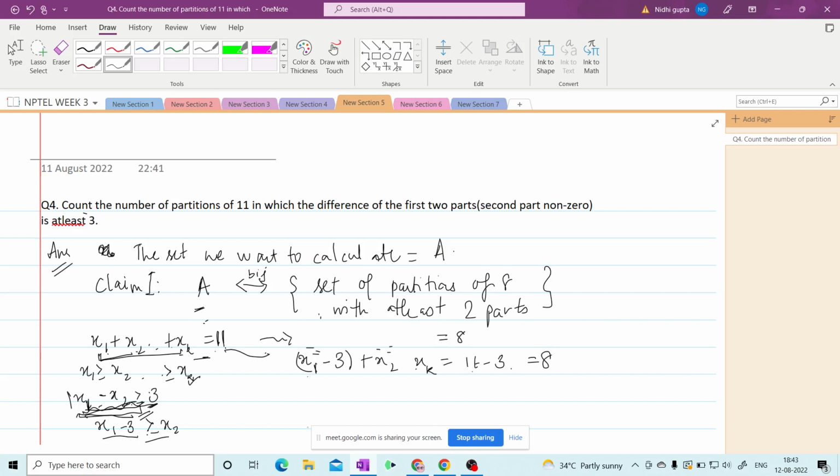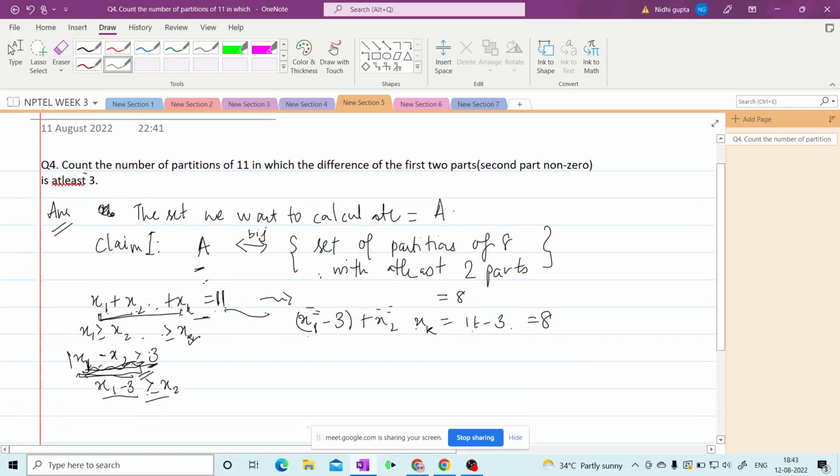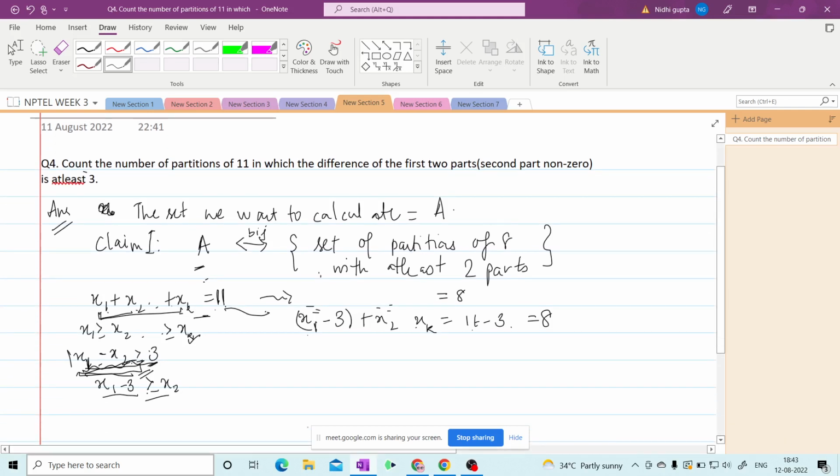So this was our intuition. Now our guess is that if we can show this function is injective and bijective, then calculating partitions of 8 is simpler than calculating partitions of 11. So we have simplified our problem.